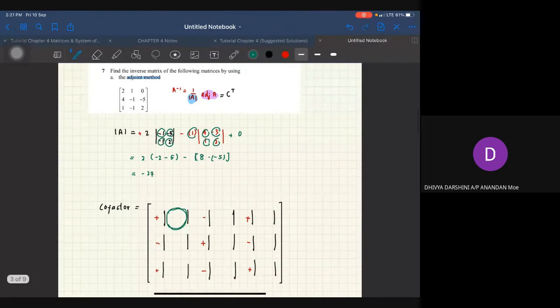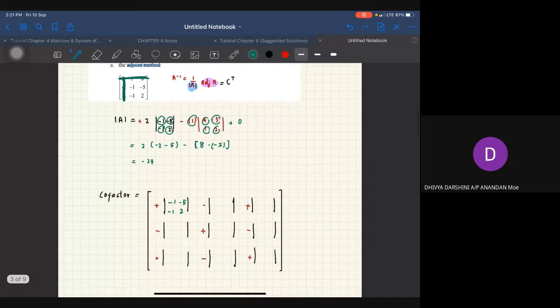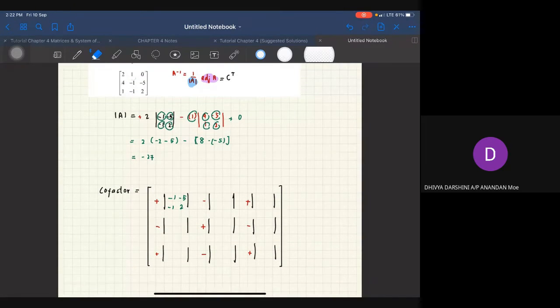So apa yang tinggal untuk awak dekat situ cumalah negatif 1, negatif 5, negatif 1, 2. Okay, so itu adalah kita punya elemen yang akan berada pada row 1, kolom 1.